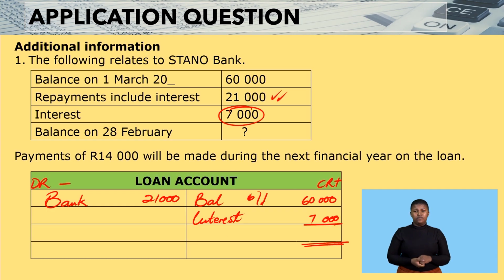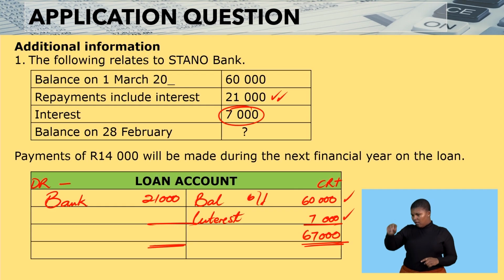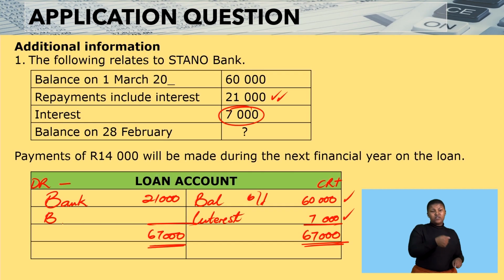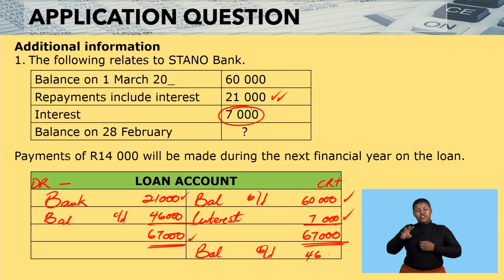We want to know what is the balance now. So it will be 60 plus 7, that gives me 67,000. Here I will then get my balance carried down. I'm now saying 67 minus 21. That gives me 46,000. So my balance on the loan at the end of the year is 46,000.